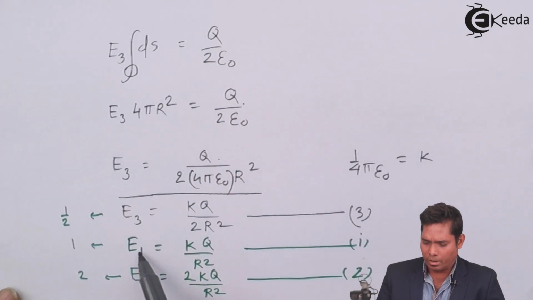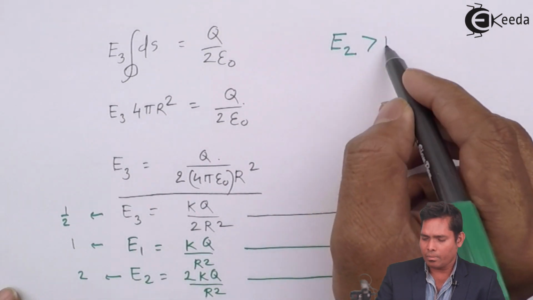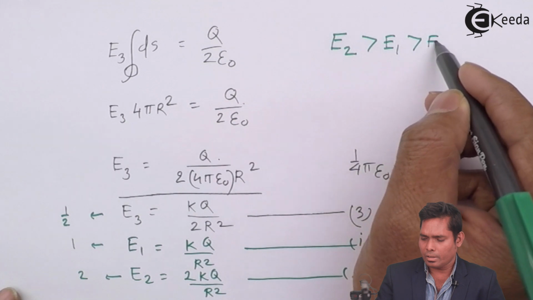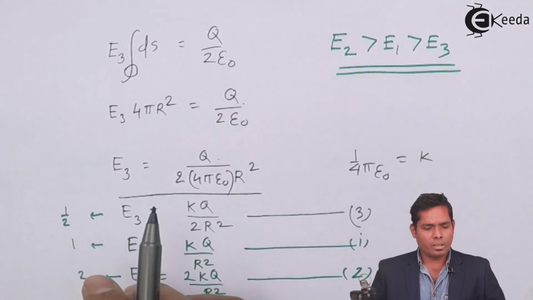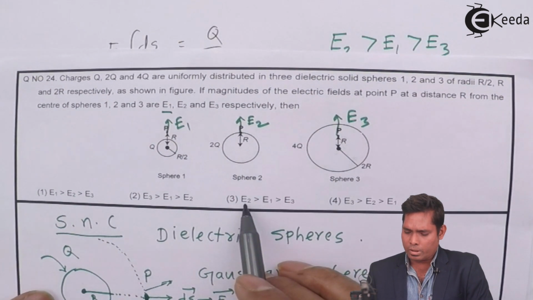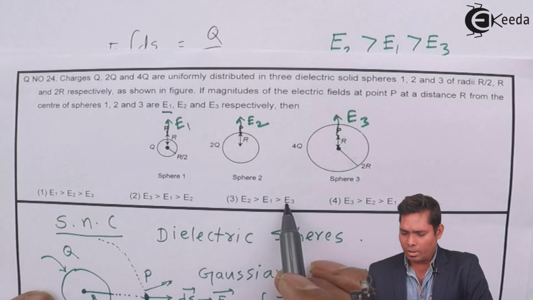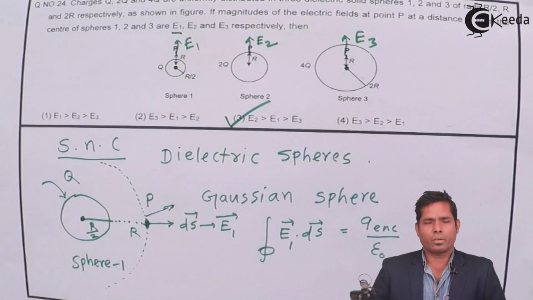So E2 is greater than E1 is greater than E3. This would be the answer to this question. Since E2 is greater than E1 is greater than E3, option number 3 is correct. Okay, thank you.